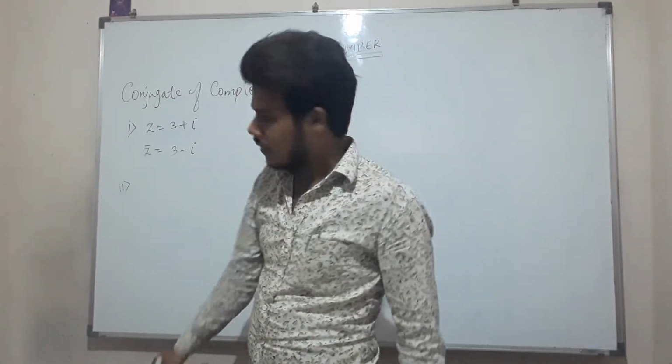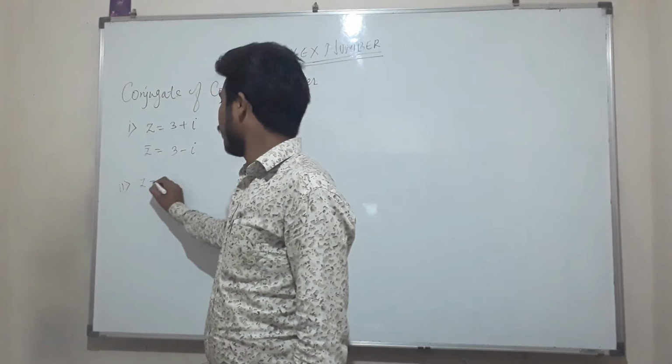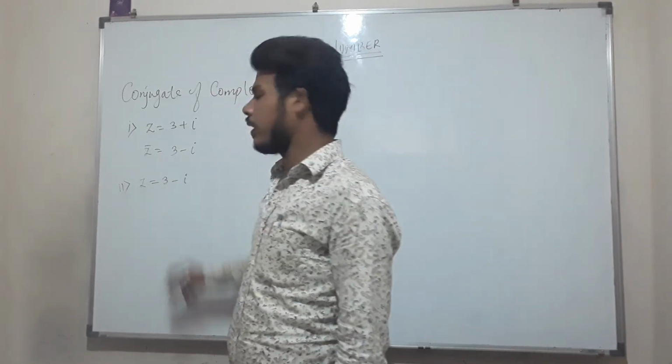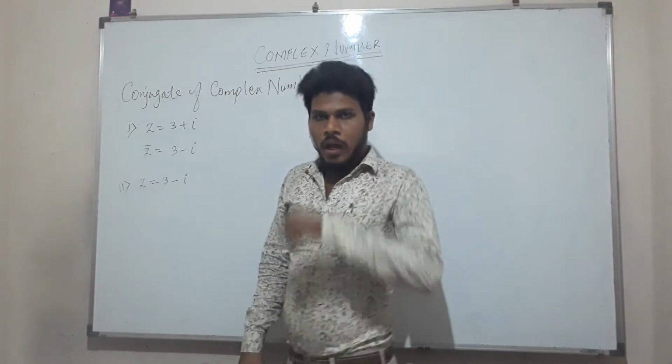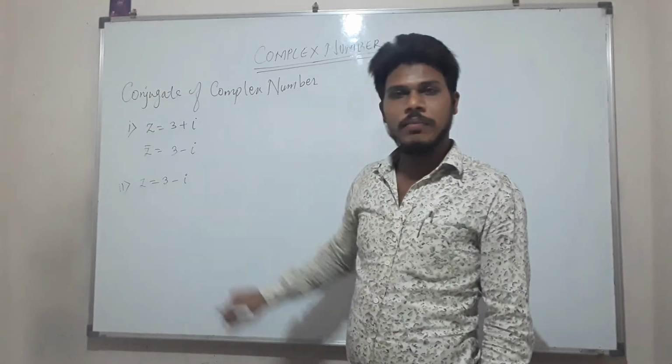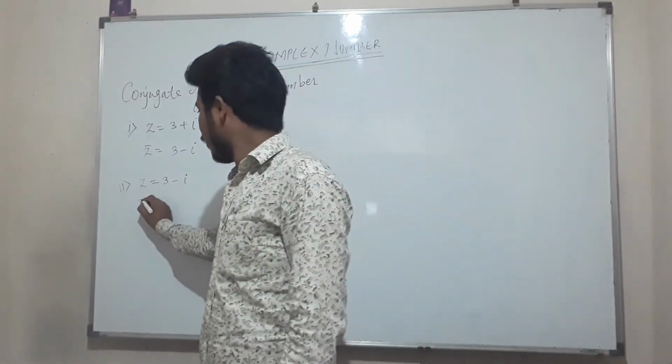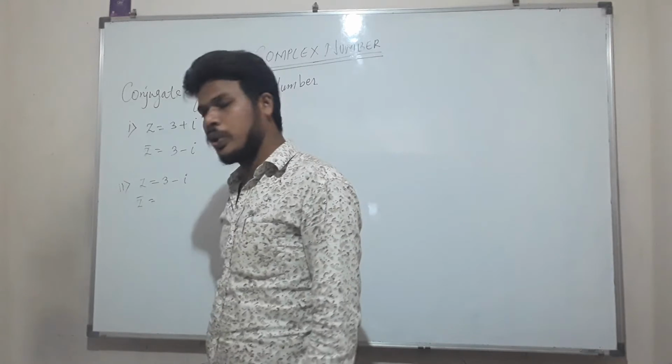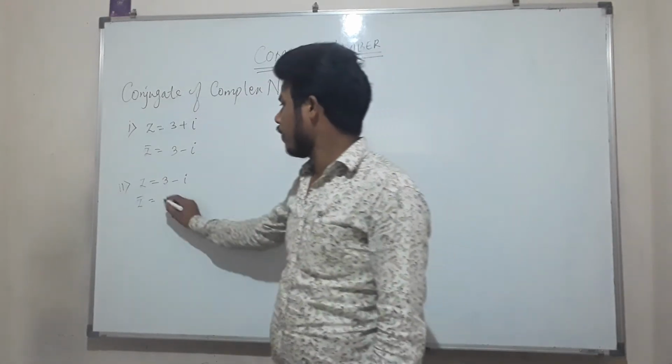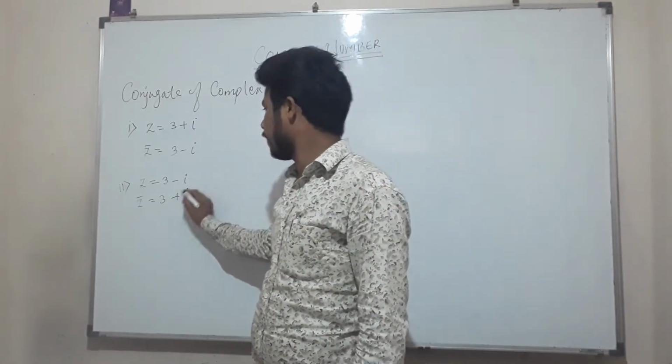Second one is 3 minus i. If z is equal to 3 minus i, then z bar, means conjugate of it, will be 3 plus i.